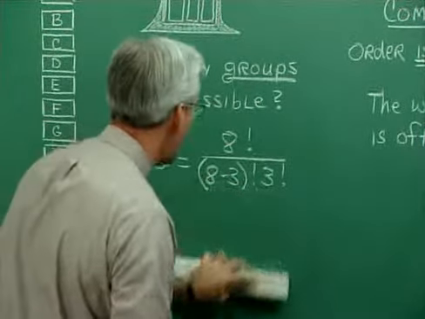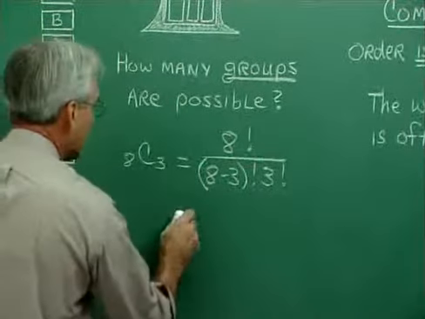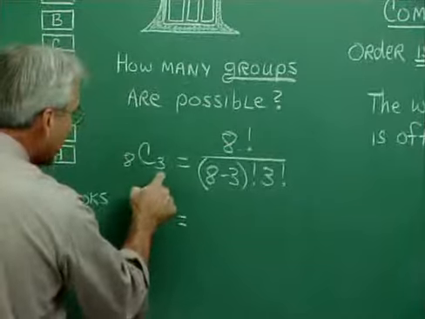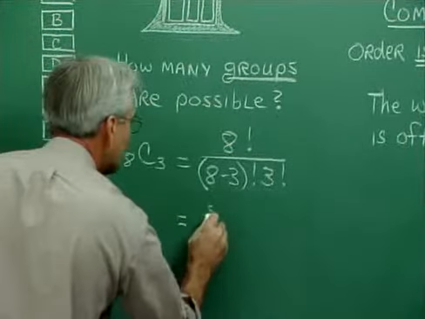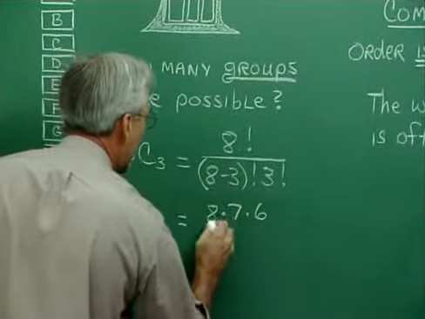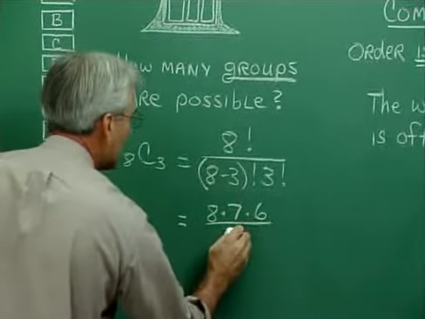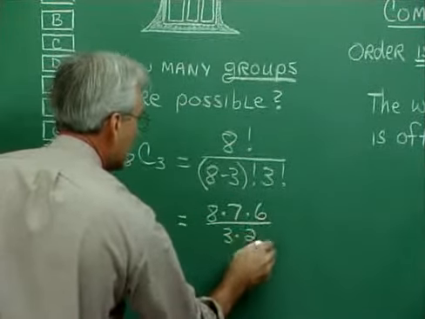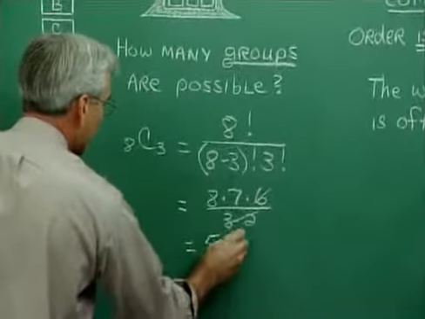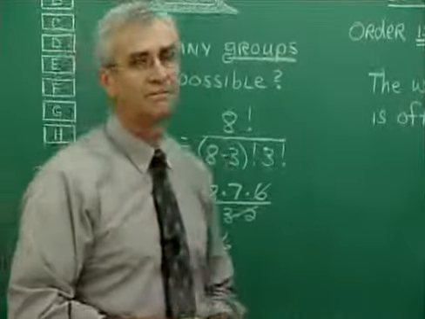So our little trick for calculation is that we have 3 factors in the numerator starting with 8, so it's 8 times 7 times 6. And in the denominator, we have 3 factorial, so that's 3 times 2. And now the 6 cancels. We have 8 times 7, or 56, as the result.